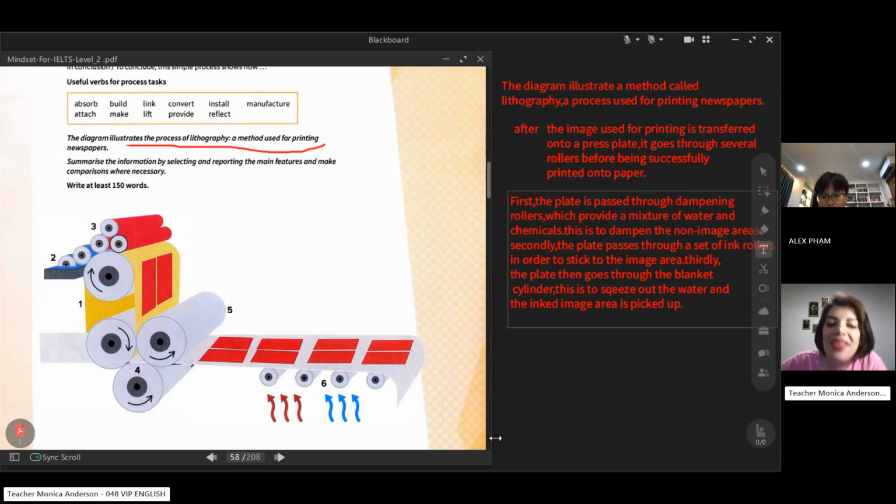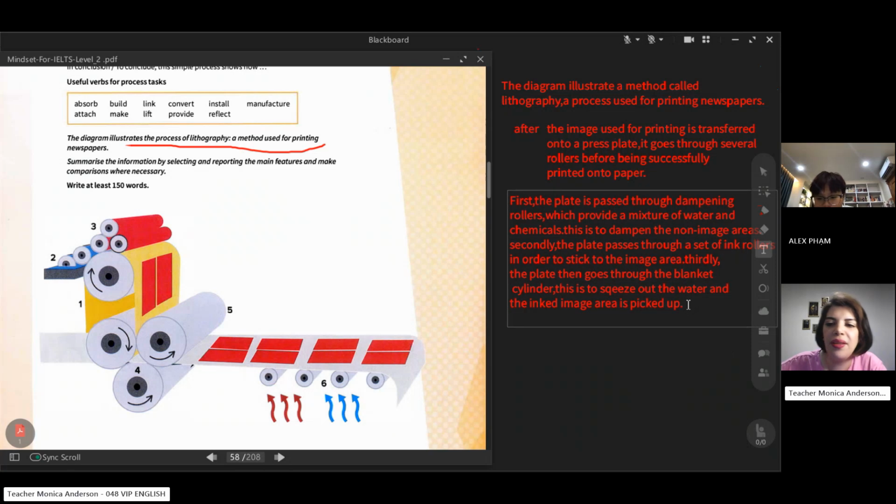Again we have the paper. As you can see, the next one, then the paper runs between the impression cylinder and the blanket cylinder. So we have the blanket cylinder and the impression cylinder.